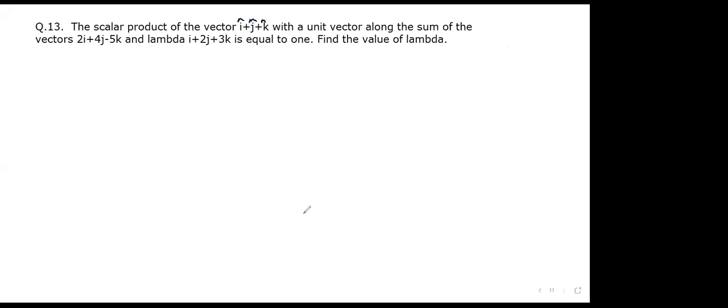So, the unit vector along the sum of these two vectors. First we will pick the line from here. I'm just marking it.